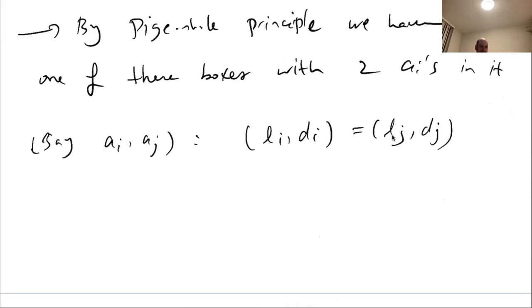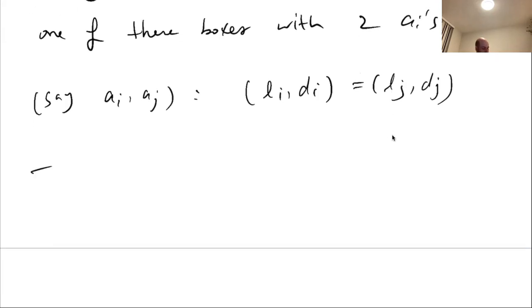Now you know this from pre-calculus: if two pairs are equal to each other, what can I conclude? The first coordinates are equal and their second coordinates are also equal. Thus, l_i equals l_j and d_i equals d_j.